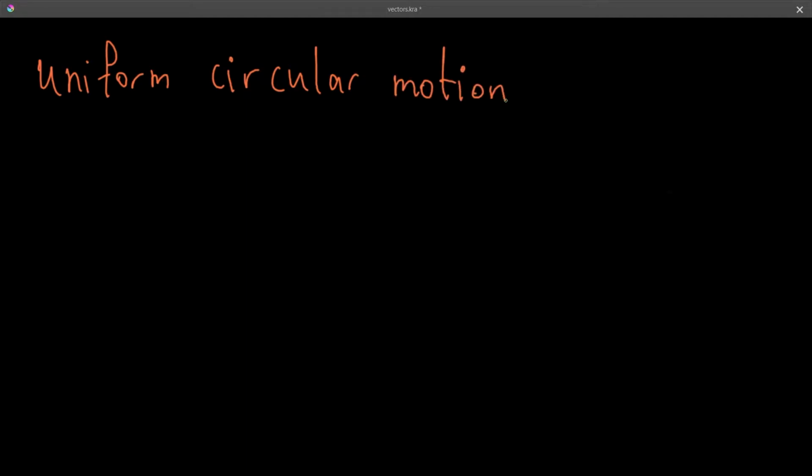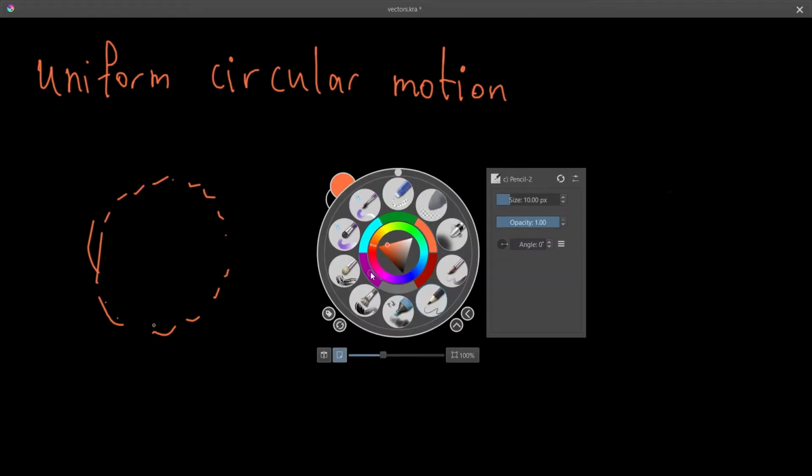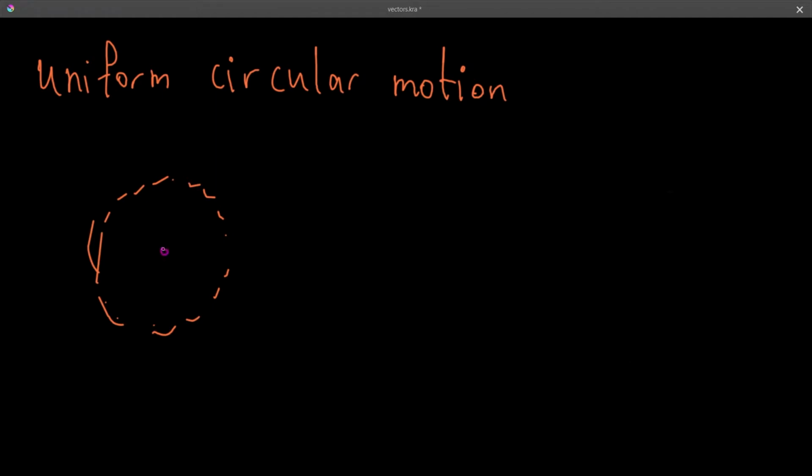So what do we mean by that? If I attempted to draw a circle here, assume this is a perfect circle. Say something that looks like this, and this is the center of the circle.